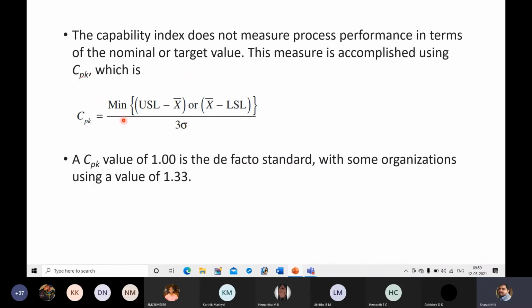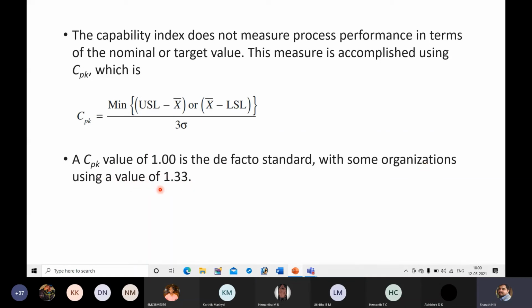equation, that is Cpk, given by the minimum of these two. You have to take the difference of the upper specification limit and the average, or the difference of the average and the lower specification limit. Whichever is minimum, that you have to consider for this equation, divided by 3 sigma. The Cpk value of 1 is the de facto standard, with some organizations using a value of 1.33.